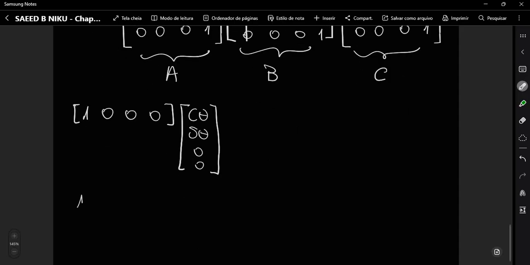So it is 1 times cosine of theta plus 0. Now you can see that these zeros will cancel all these other elements. So here we will obtain just cosine of theta, and that is our first element.